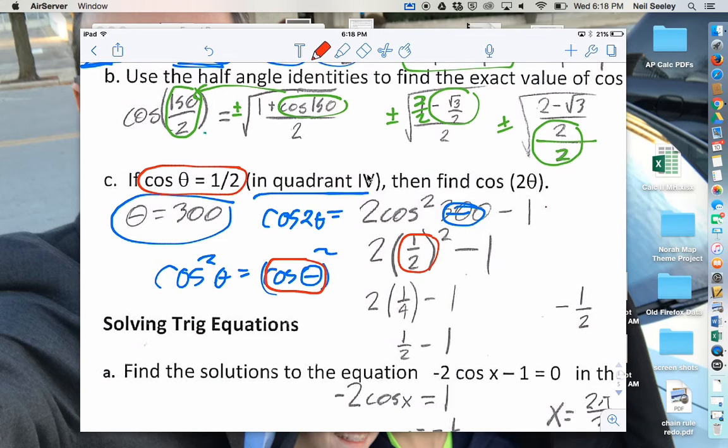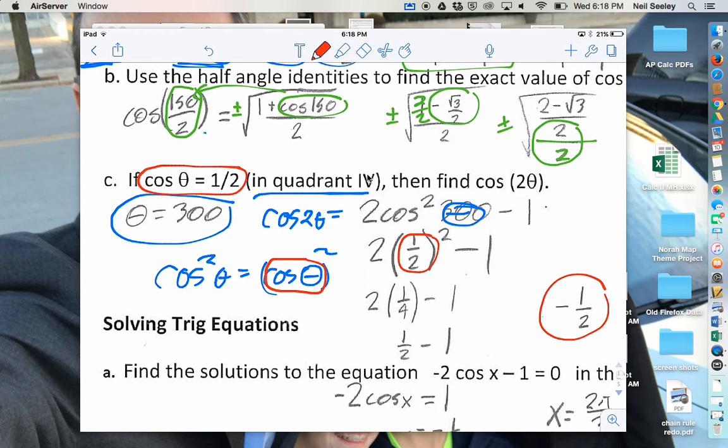If you simplify that, half squared is 1/4, and 2 times a fourth is a half, minus 1, and you've got negative 1/2. So when you're given that cosine of theta equals 1/2 or some other value, you're just going to replace cosine of theta with that entire value.